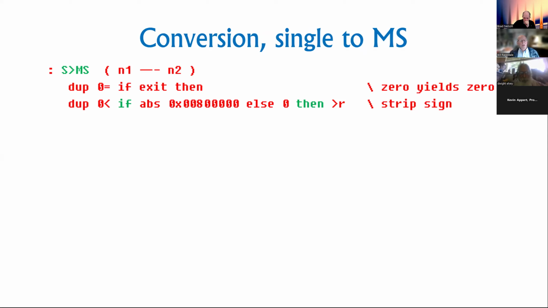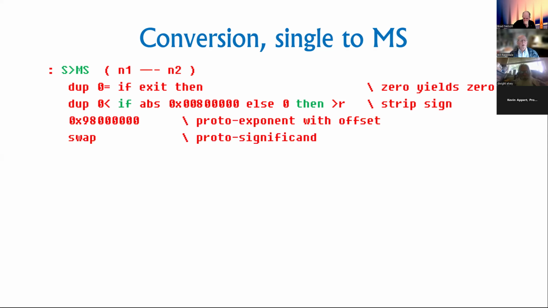So the dupe 0 less than if, go to absolute. The 0 less than says if we have a negative number, we convert to absolute, and then put out the bit pattern which represents a sign bit set. That 1 8 in there is in the bit 23 position where the sign is located. Otherwise, the else part is a 0, meaning a positive number.